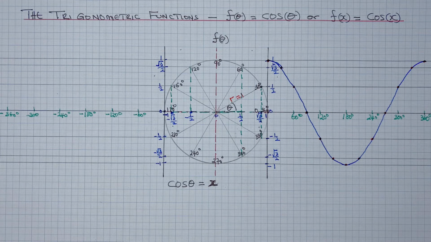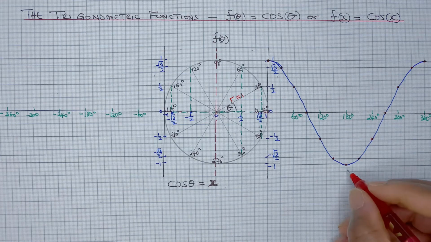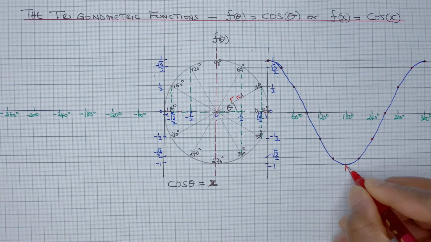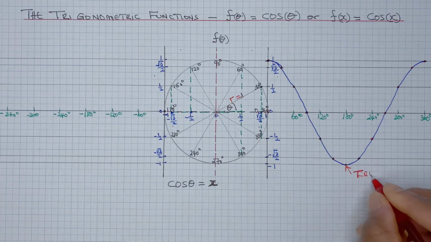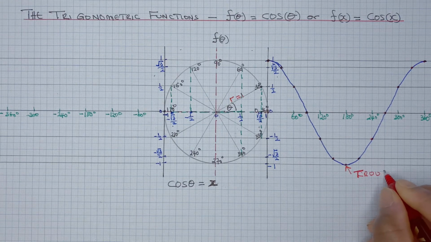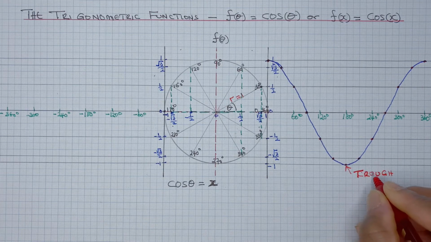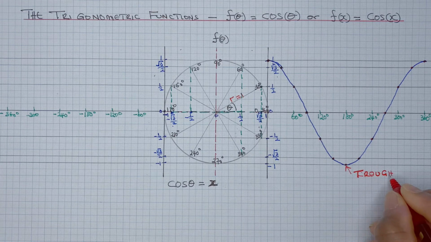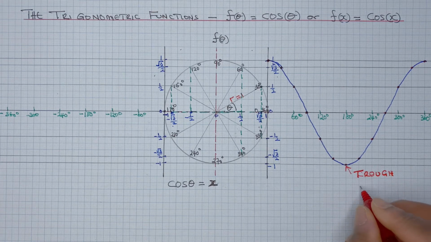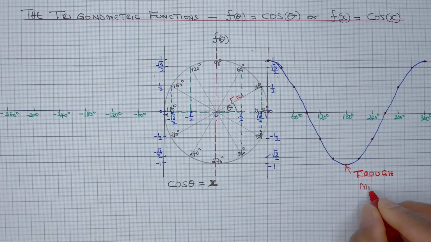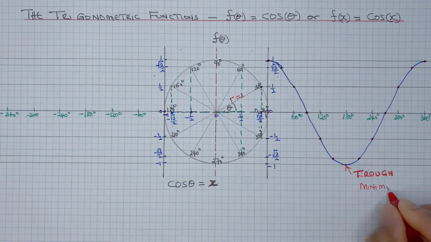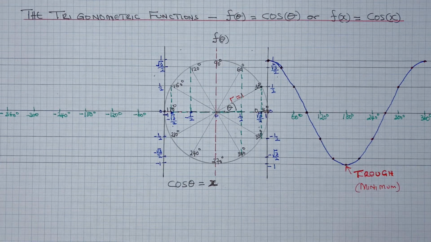Okay, so that's the graph. This point here, in physics, is called the trough, or we call it the minimum. It's also the turning point.